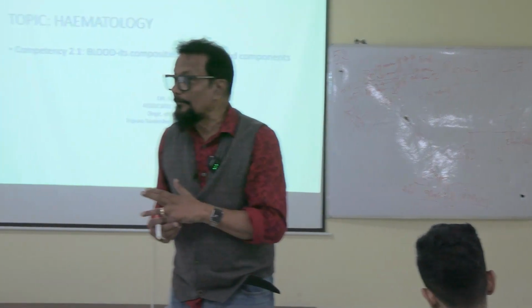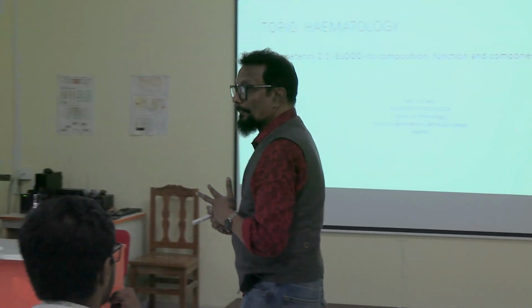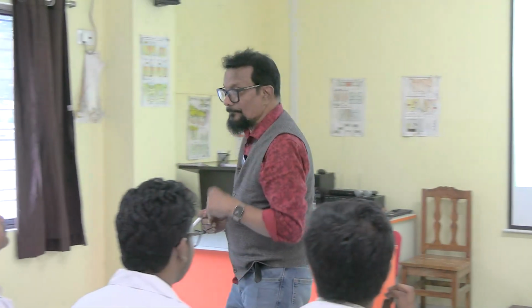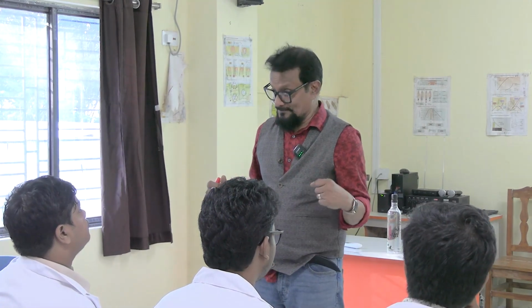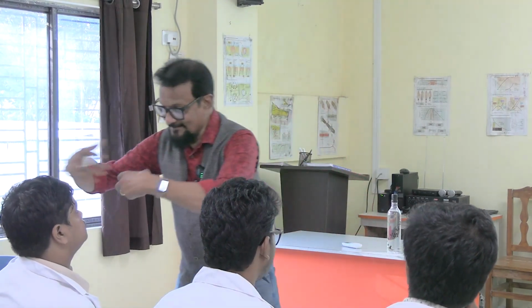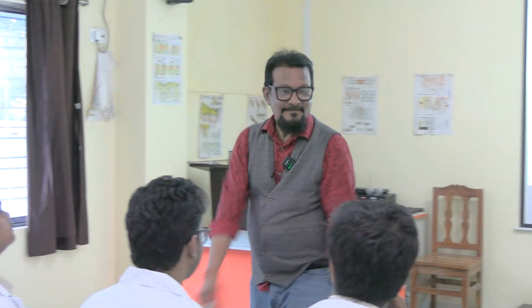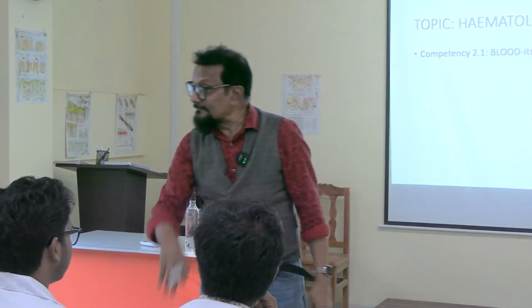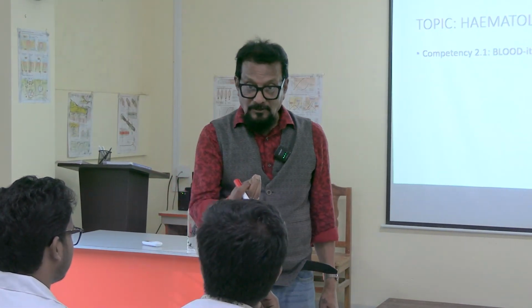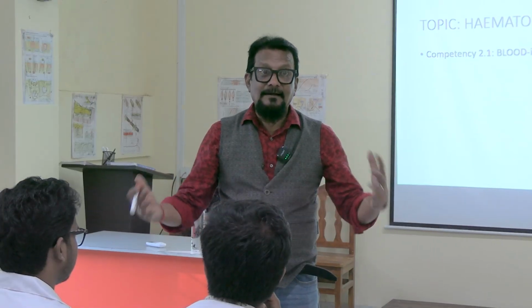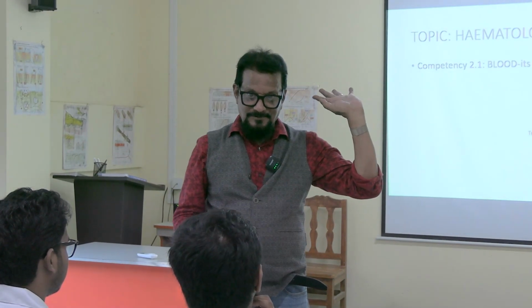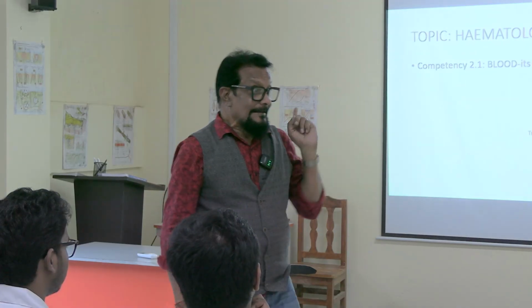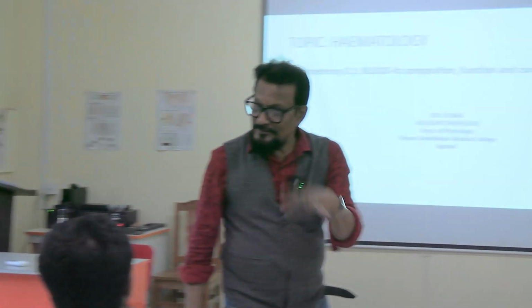With diapedesis, they come out of the blood vessel, and what will they do? They convert into macrophages. Now these macrophages engulf the fragmented blood clots, digest them, and remove them. Okay, the clot is removed.